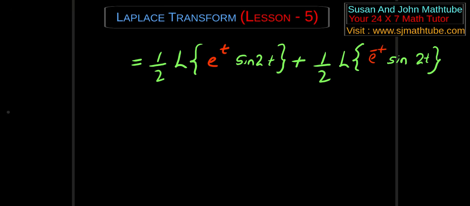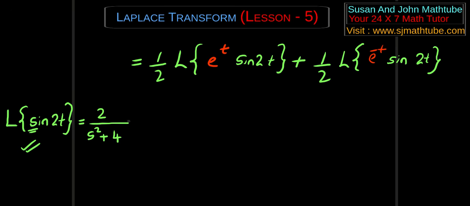Now look at this. On one corner, I am going to write the formula Laplace of sine 2t. It's a standard formula. I am sure you know the formula. What's the formula? It won't start with s. So 2 by s square plus 4.